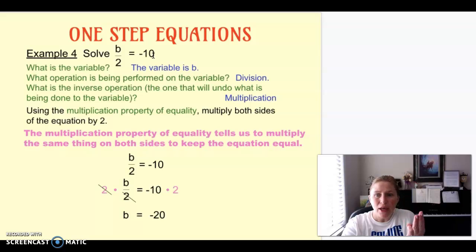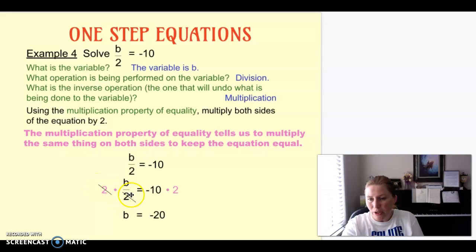How do I undo that operation? And we undo it on both sides. The variable's b. What operation is happening? It's division. How do I undo division? I multiply. I'm going to use this little dot for multiplication. To undo divide by 2, I times by 2.